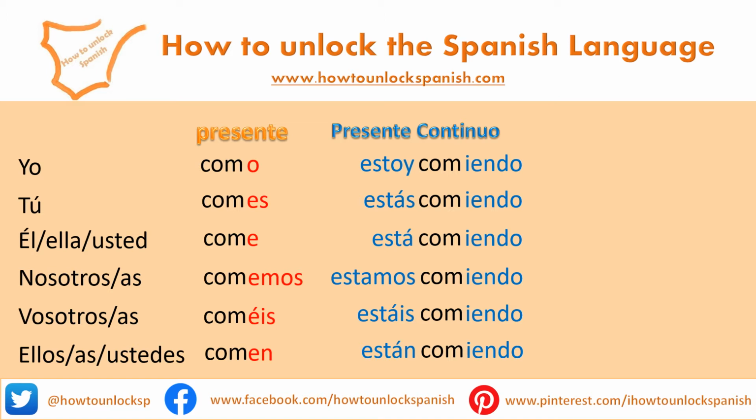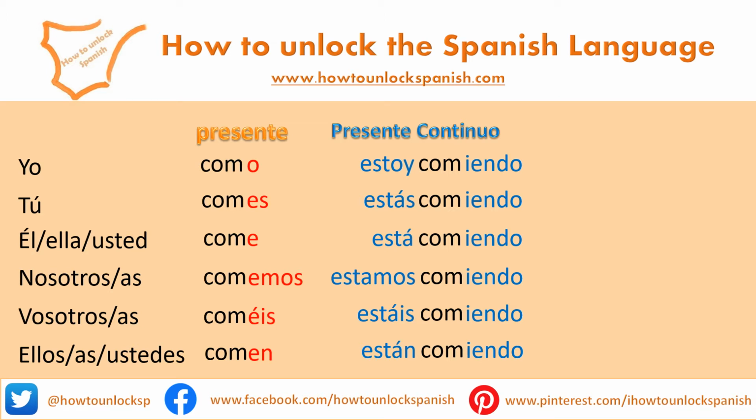For example, yo como cereales para desayunar. I eat cereal for breakfast. And we use the presente continuo to explain what we are doing right now. So, estoy comiendo cereales is I am eating cereal.